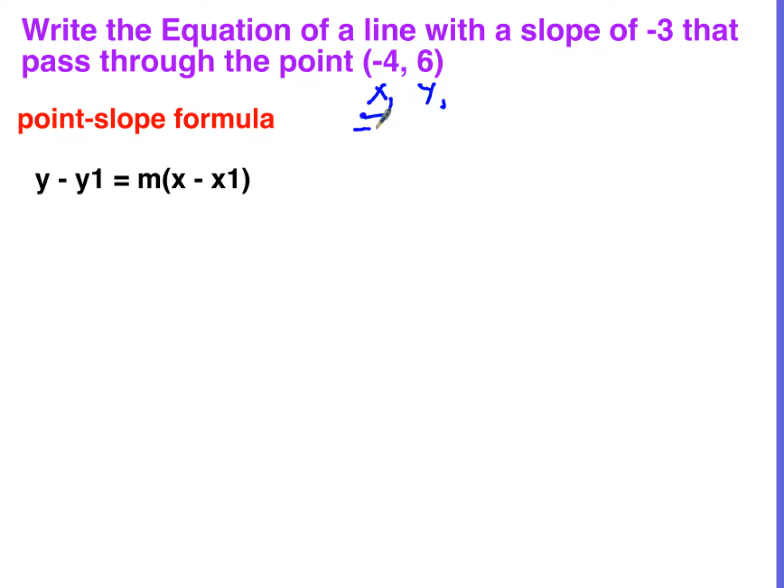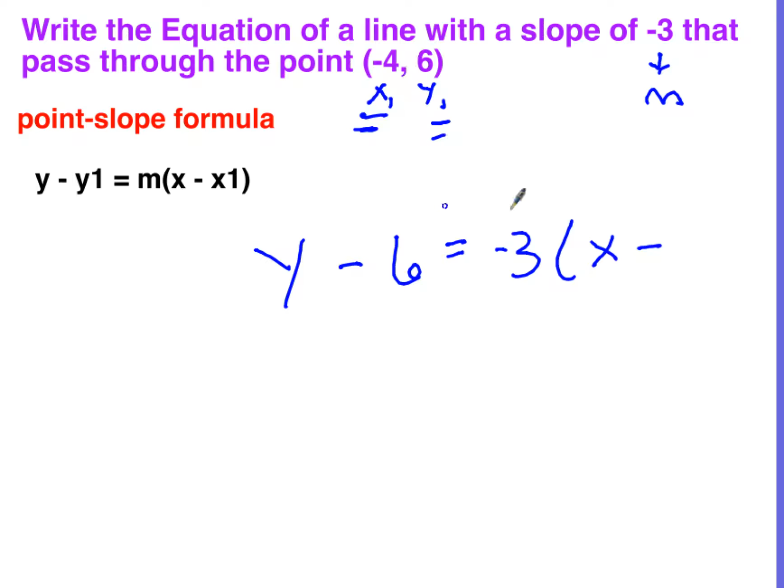I substitute these values into my formula, and I also substitute my slope. The y is still here, that doesn't change. But I do y minus whatever my y1 is, which is 6, equals m, so there's my slope of -3, times x minus, and now I plug in what my x1 is, -4.